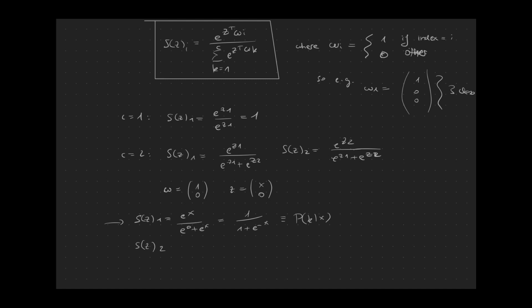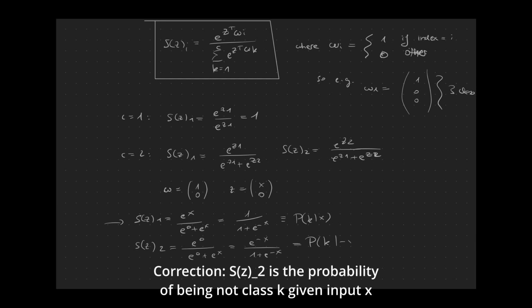So in this case, what is s(z) with index 2? Well, it's e to the power of 0 over e to the power of 0 plus e to the power of x, and this is e to the power of minus x over 1 plus e to the power of minus x. And this is the probability of being class k given minus x.